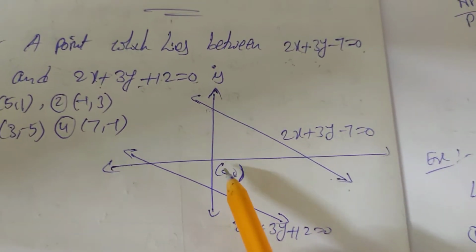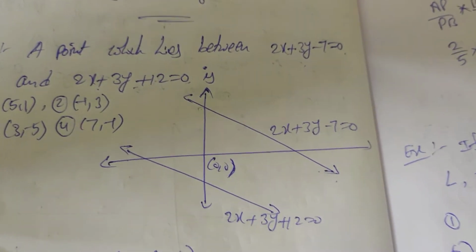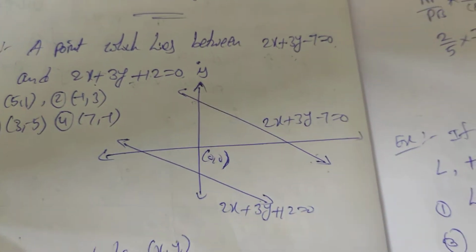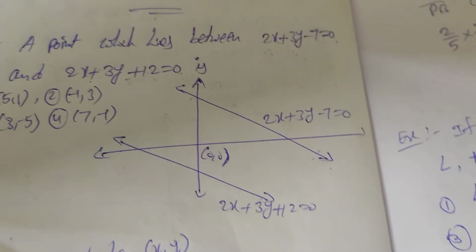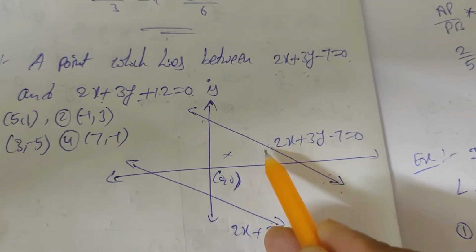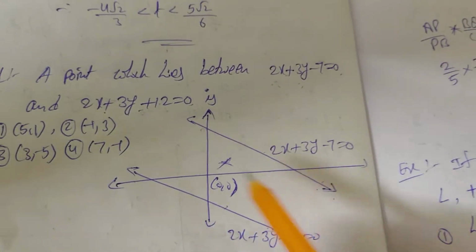So in between we already have the origin (0, 0). Now we have to find the point that lies between these two lines. Lies between these two lines means here we have one condition. The point may be here or here, anywhere in between these two parallel lines; we don't know exactly.